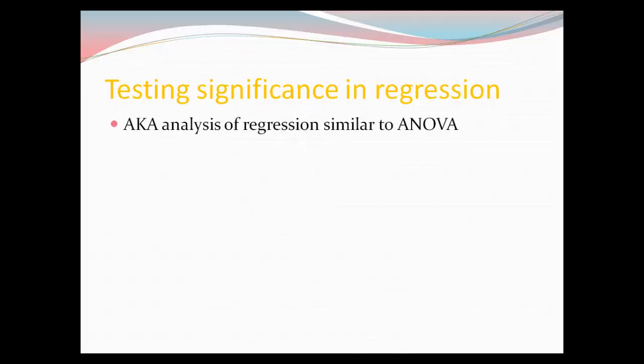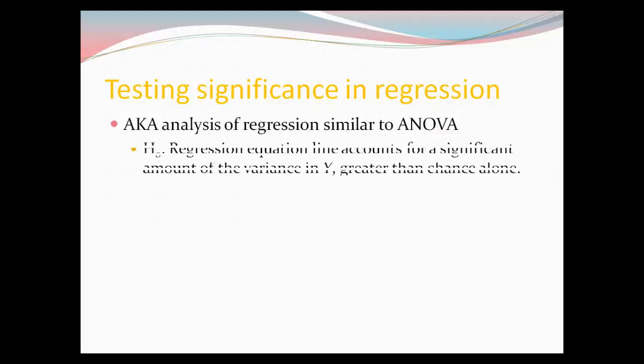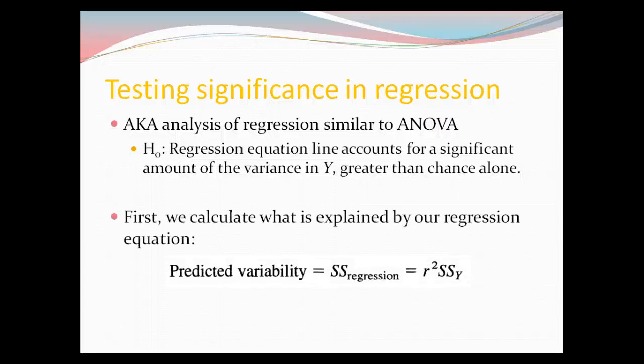So we also need to test the significance in a regression, aka the analysis of regression, similar to ANOVA. And in this testing of the significance of a regression line, we say H sub 0, our null hypothesis: the regression equation line does not account for a significant amount of variance in y greater than chance alone.